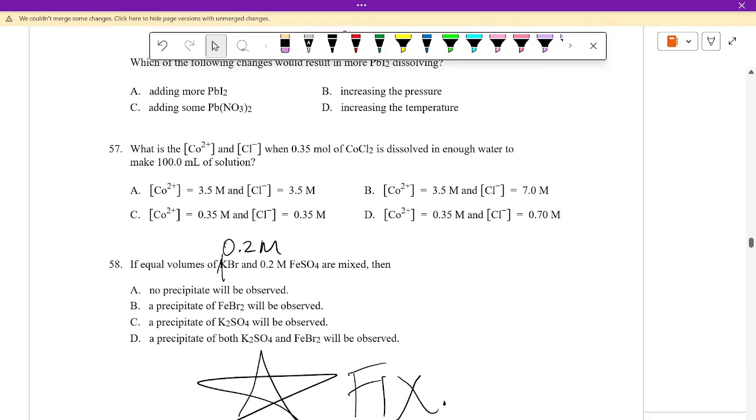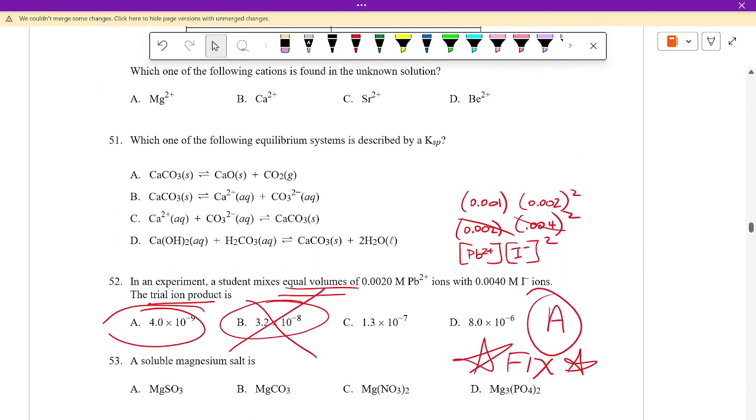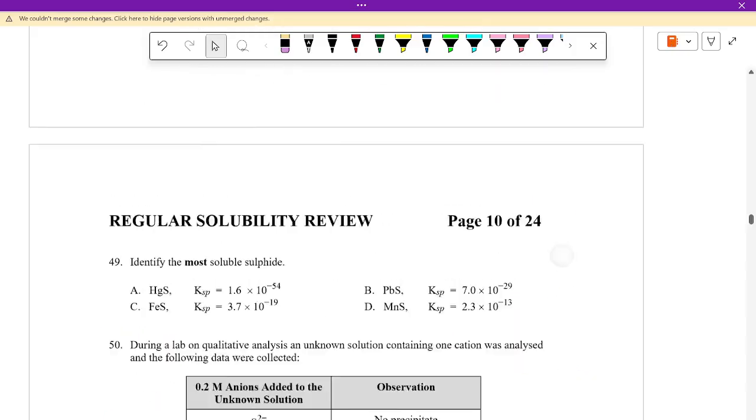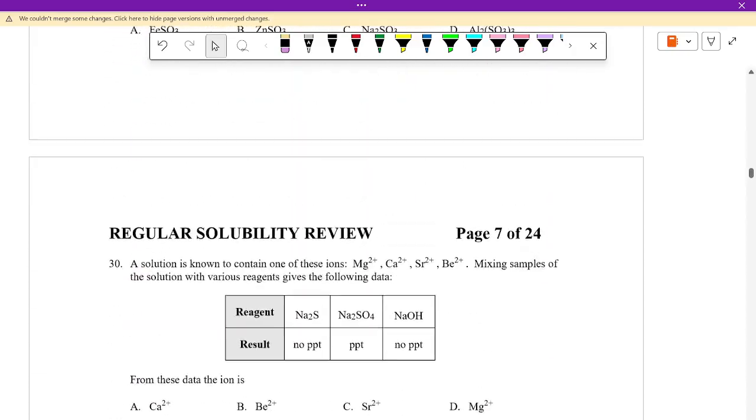52 should be A. I think that's it, but we'll keep going back to the beginning just to make sure.